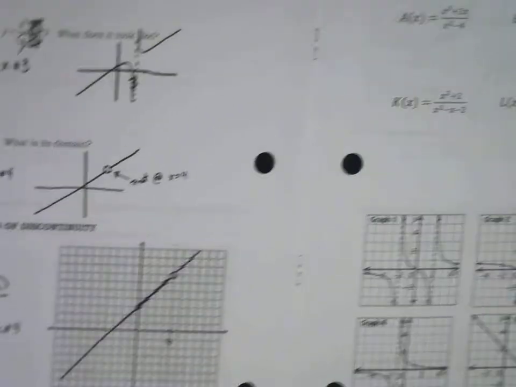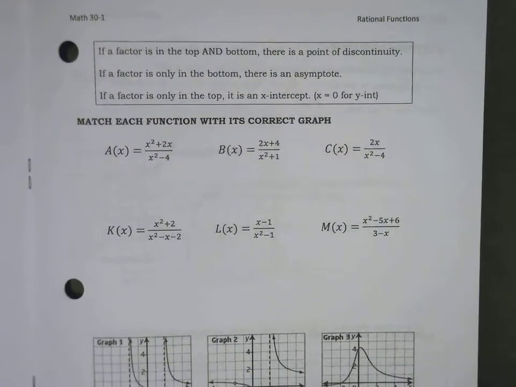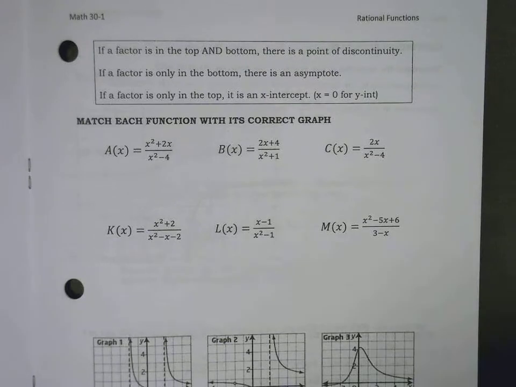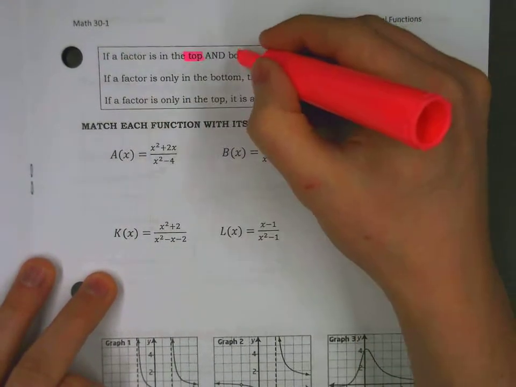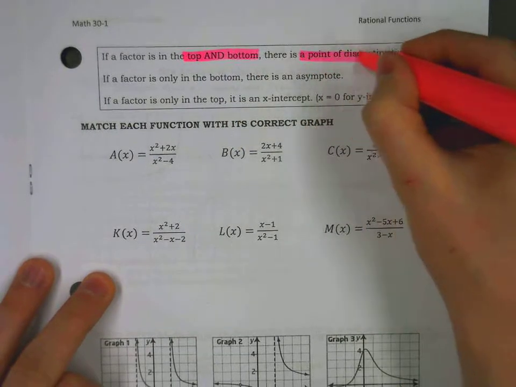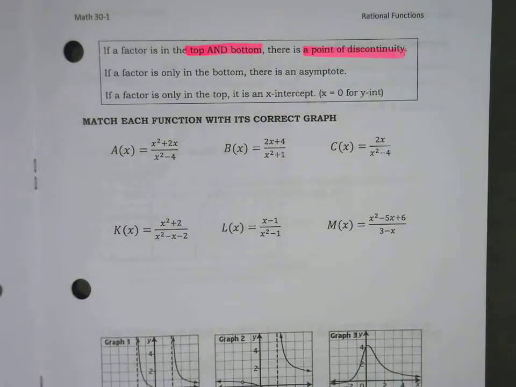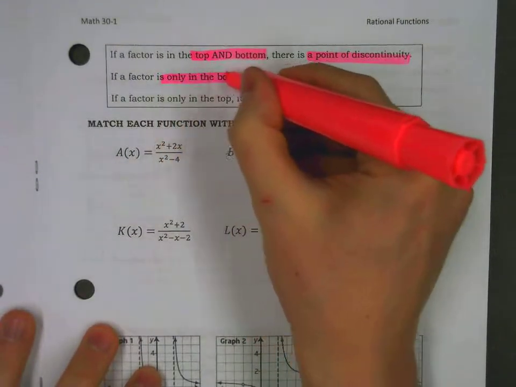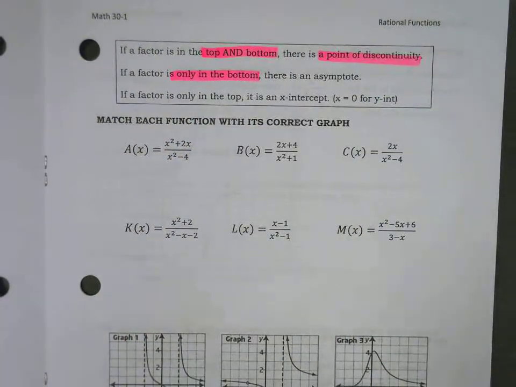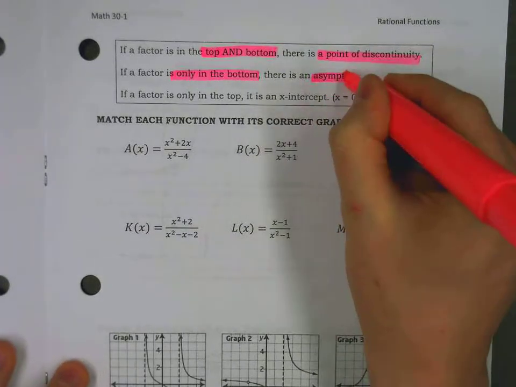So this is what drives today's conversation, that if there is some factor that's on the top and the bottom, it's going to create this point of discontinuity. There's some other scenarios though. If there's a factor that's only in the bottom, it's not going to mathematically cancel out, and it's going to create an asymptote.